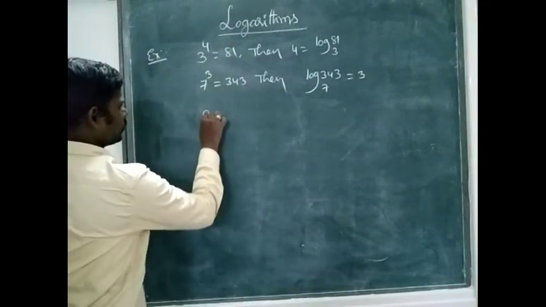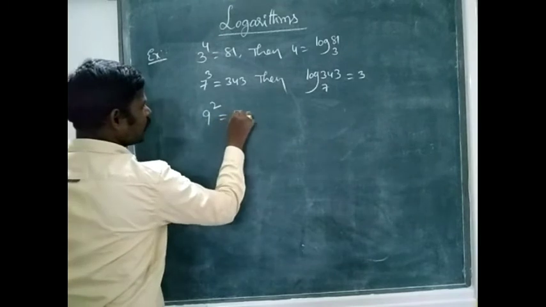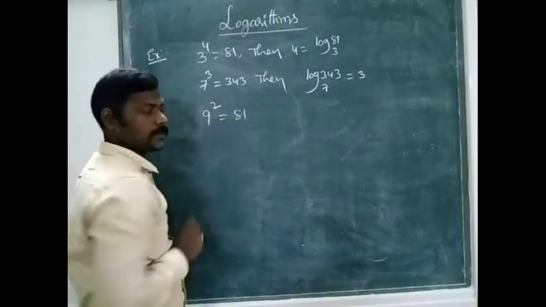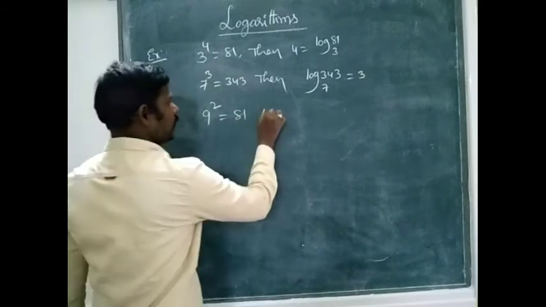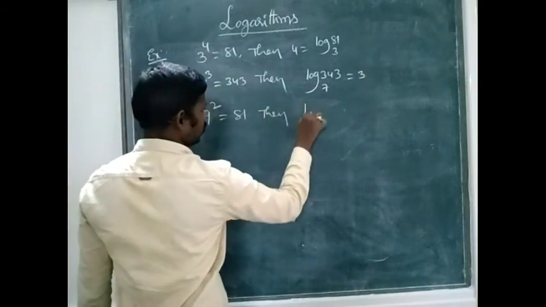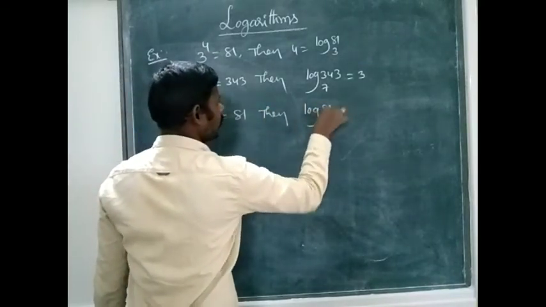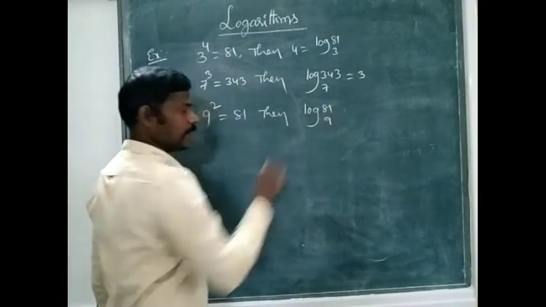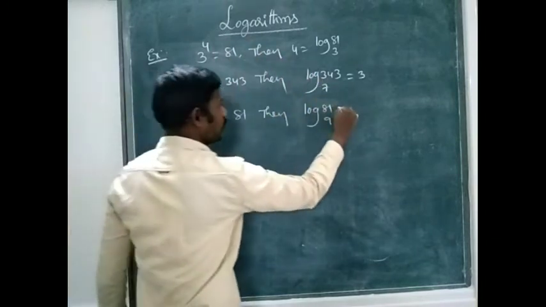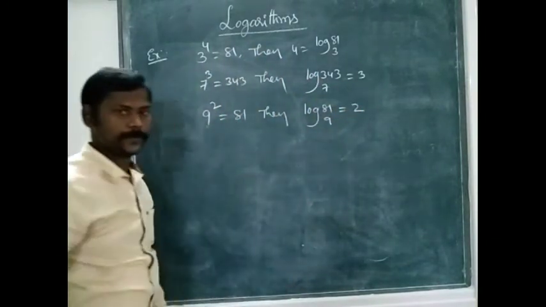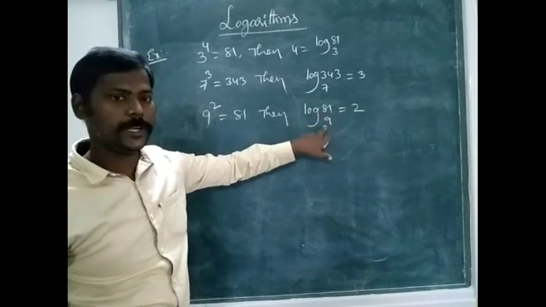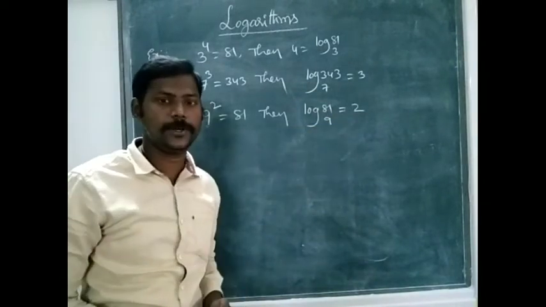See one more example. Very simple concept, children. 9 square equal to how much? 9 into 9, 81. So 9 square equal to 81. Then how to calculate the logarithm? The base does not change, 9 only. This index is equal to the logarithm of 81 to the base 9 is equal to 2.